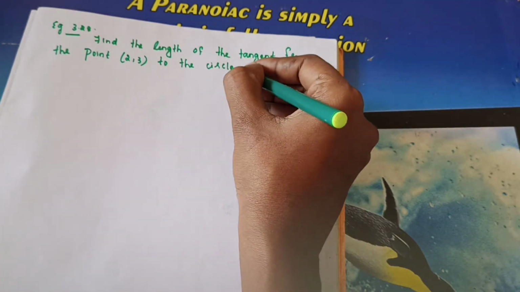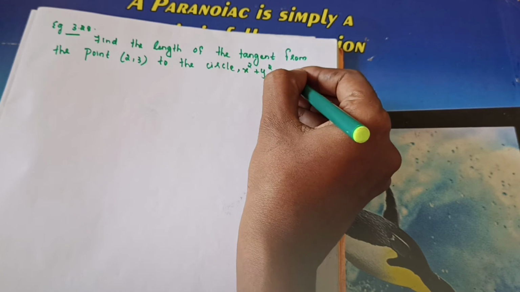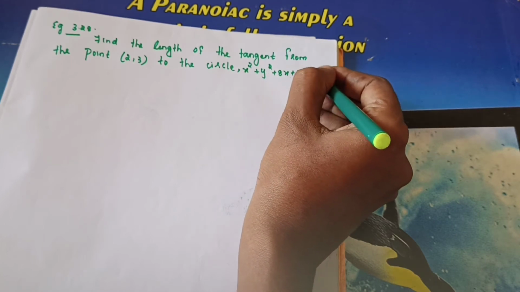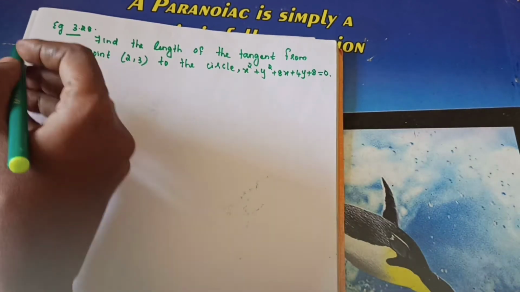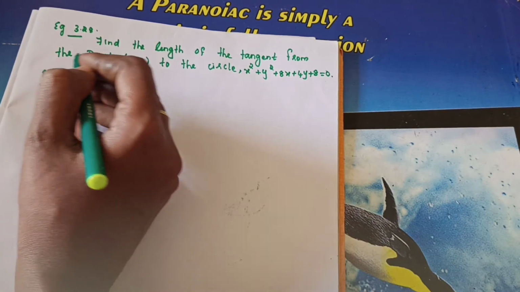One equation is given, x square plus y square plus 8x plus 4y plus 8 is equal to 0. Okay. Solution. First we are going to write down the formula we have learned now.